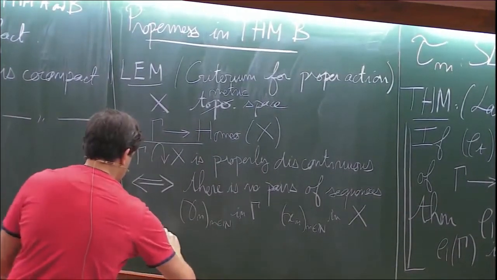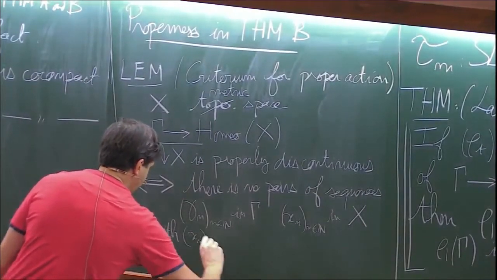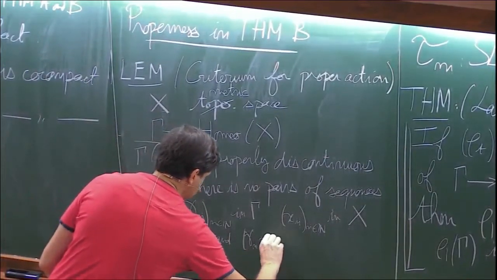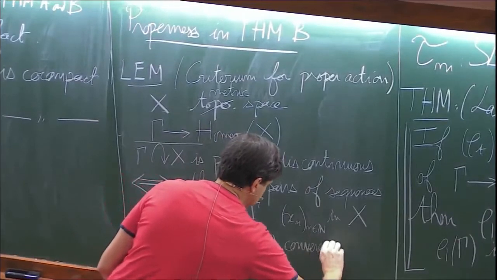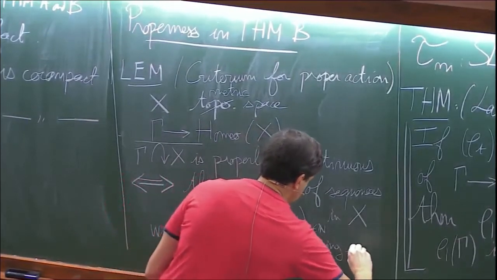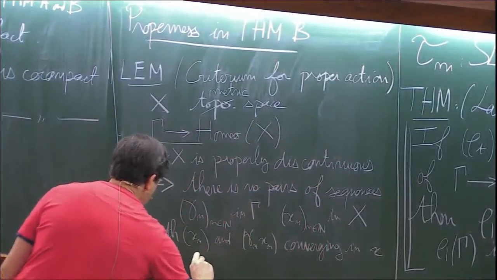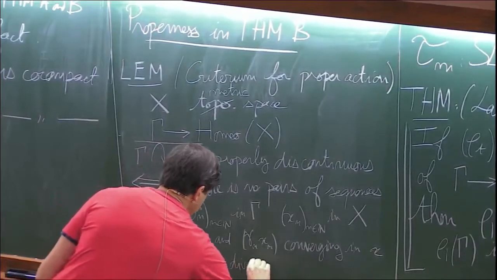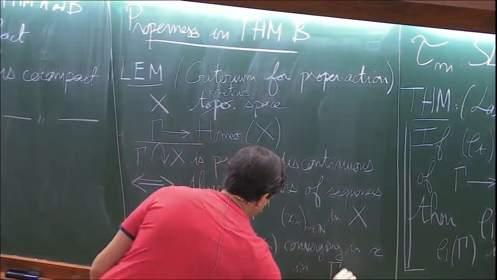So with xn and gamma n of xn converging in X, and gamma n diverging in gamma.